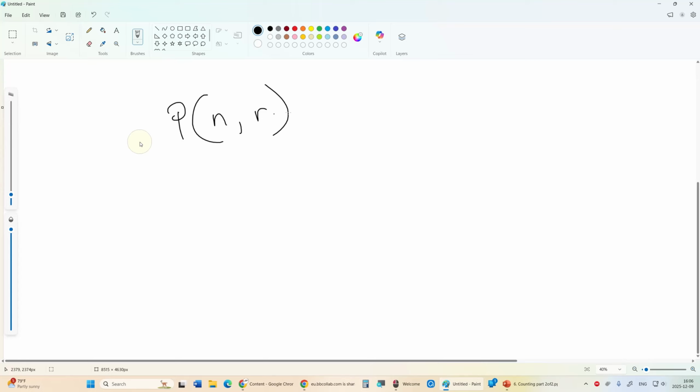So if I look at permutation, what I'm saying when I'm making a permutation is that the order matters to me. If the order matters, I'm going to use the permutation, and the permutation's formula is going to be n factorial over (n minus r) factorial.